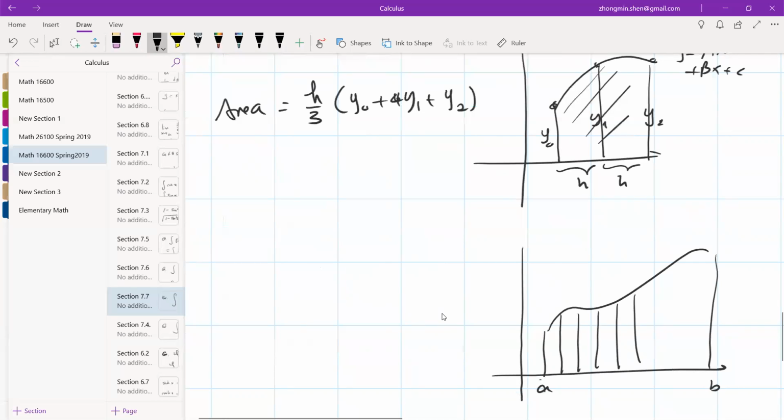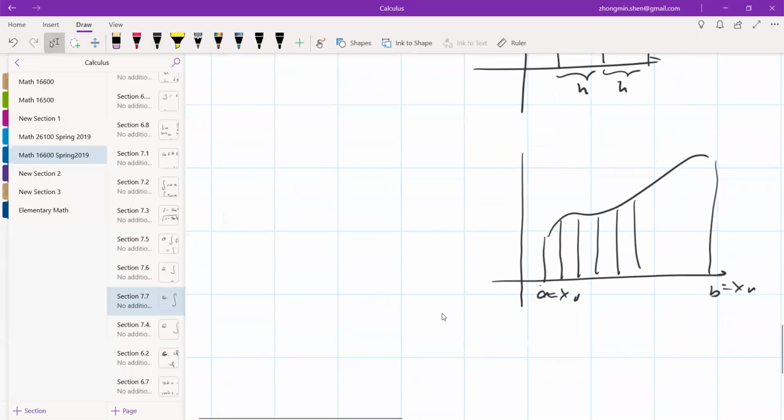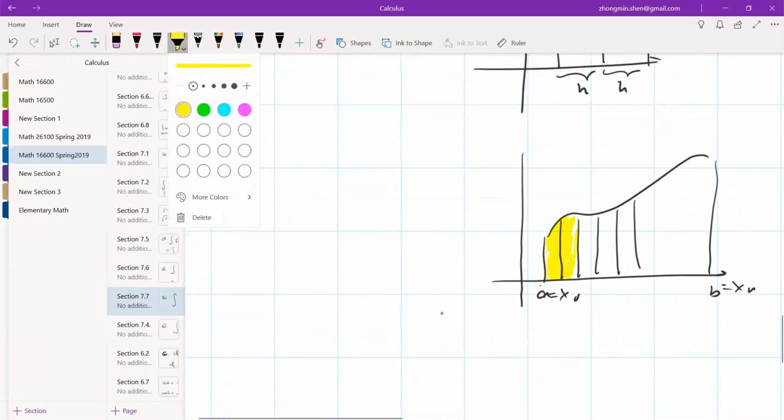So this is x0, that's xn. Then if n is even, that's the reason we need it to be even, because every time we have to compare a pair of strips, and I can put different colors.